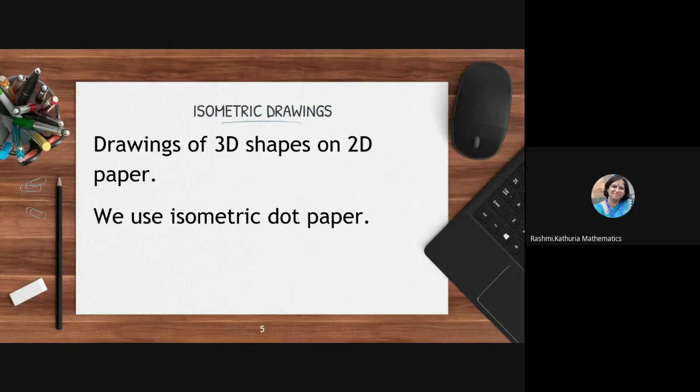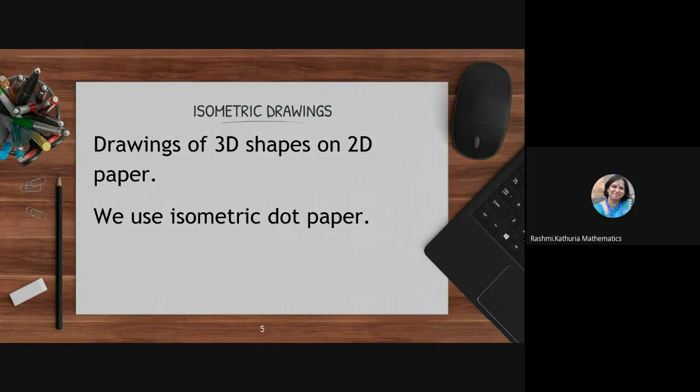And then gradually we use graph papers, we use squared dot papers. And there is a specific kind of paper which is called isometric dot paper, which is used for drawing of three-dimensional shapes on a paper.